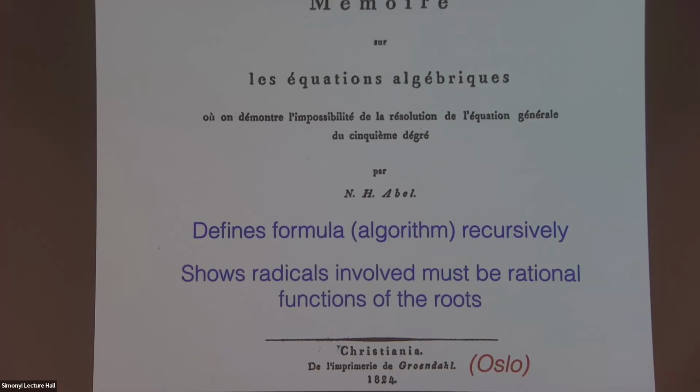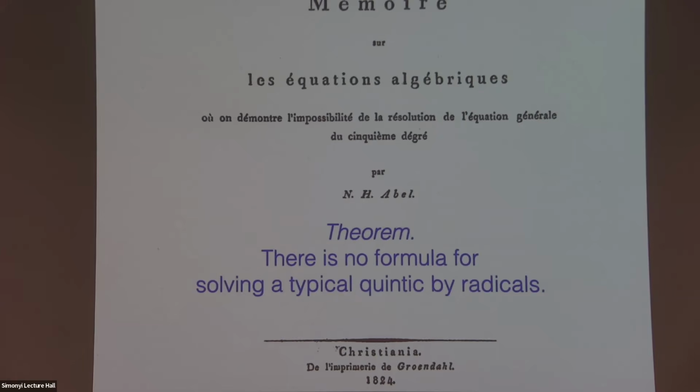But one of his main results is that if you have a general formula, then all the irrationalities involved can actually be expressed as rational functions of the roots of the polynomial. That was the main insight which allowed him to complete the proof. Ruffini did not have that step. And so he proved there is no formula for solving a typical quintic by radicals.